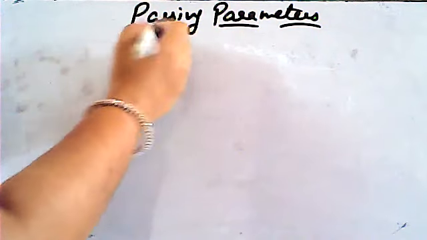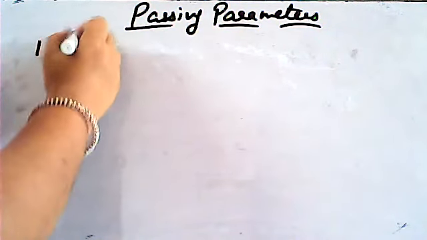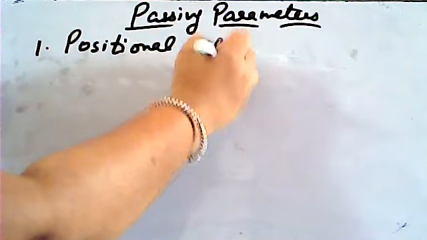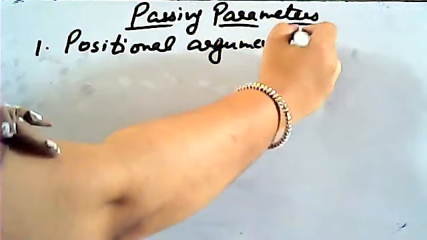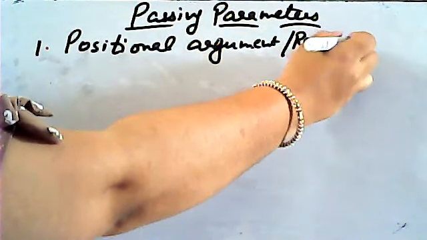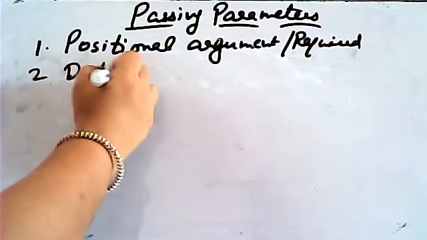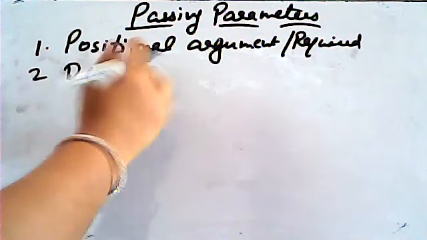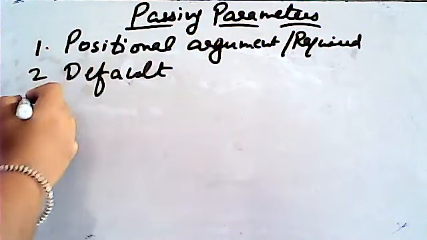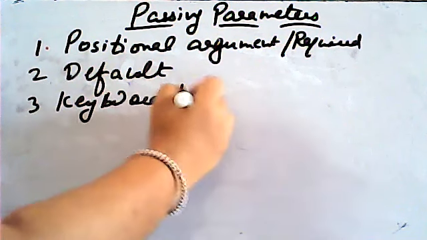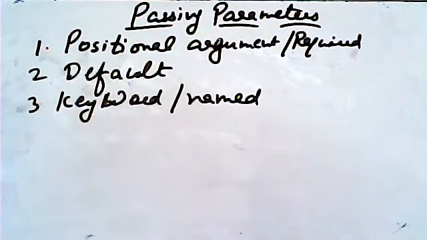Python basically supports three types of parameters. Which ones? The positional argument, which is also known as a required argument. Second is default, and third is keyword, which is also called a named argument.